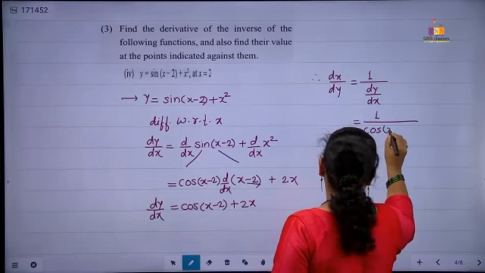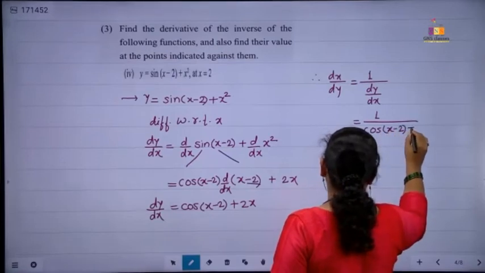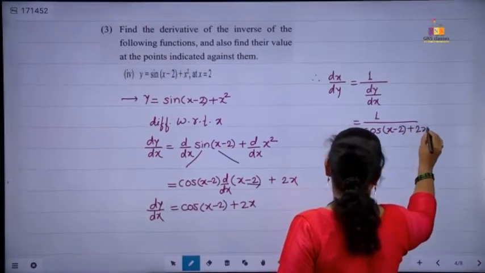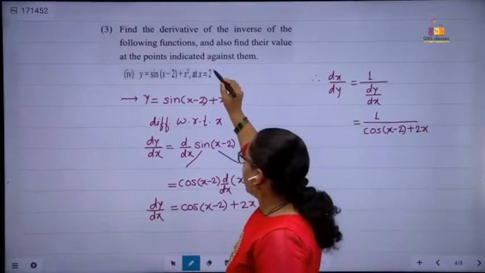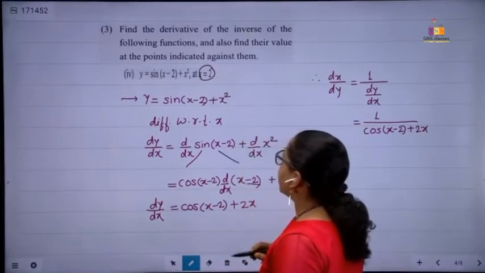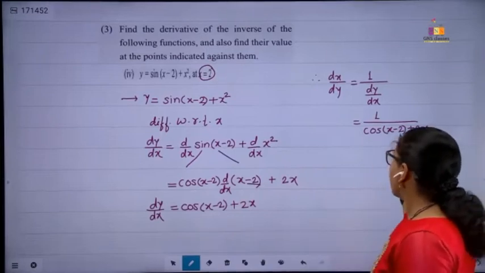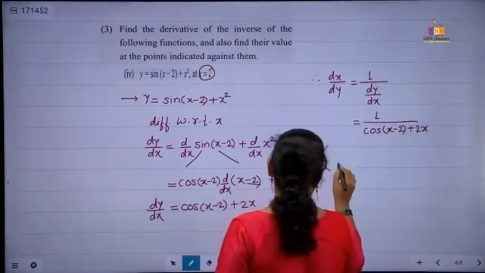Cos(x minus 2) plus 2x. And we have to find derivative at x is equal to 2. Substitute x is equal to 2.